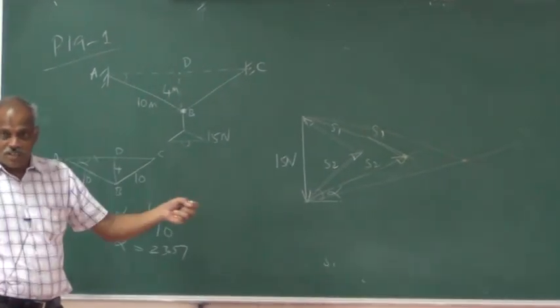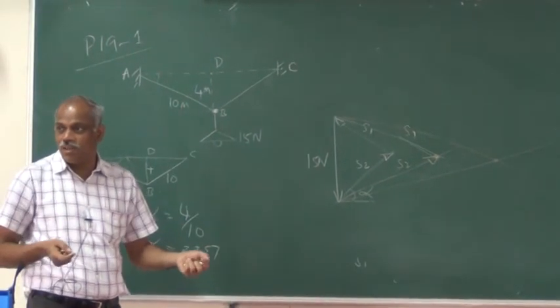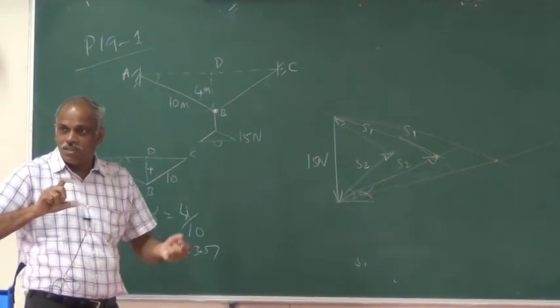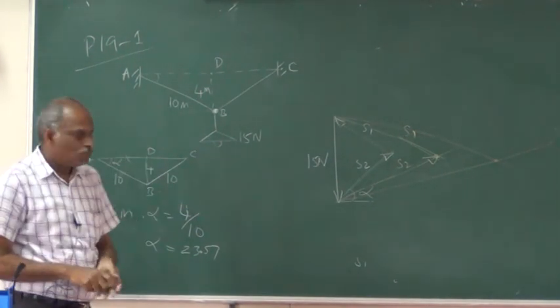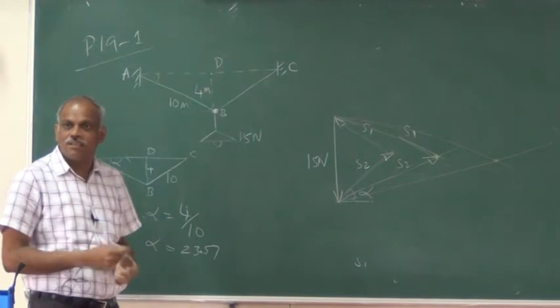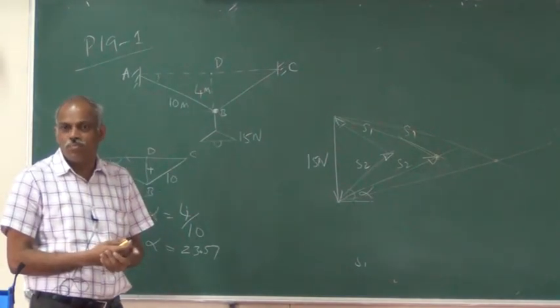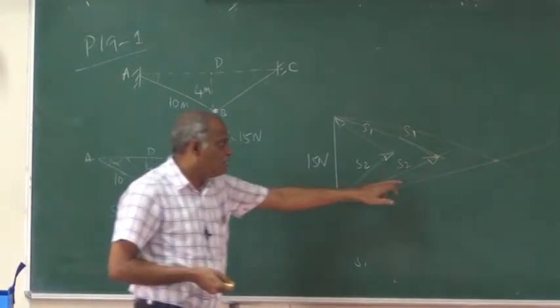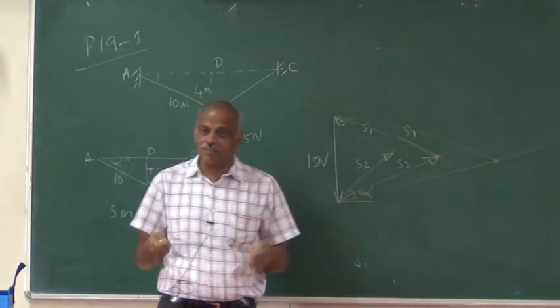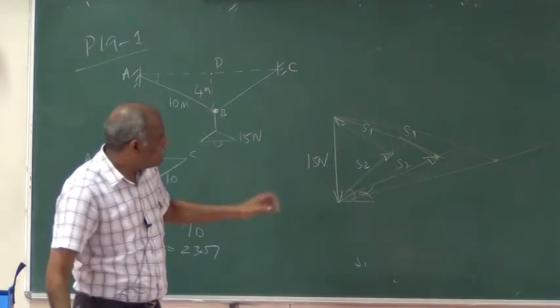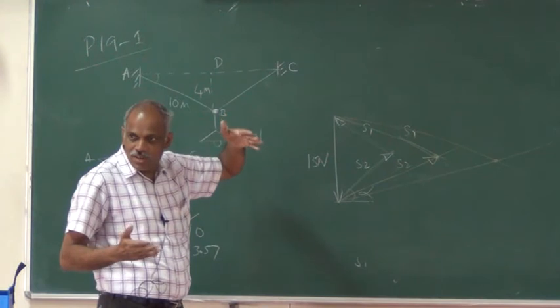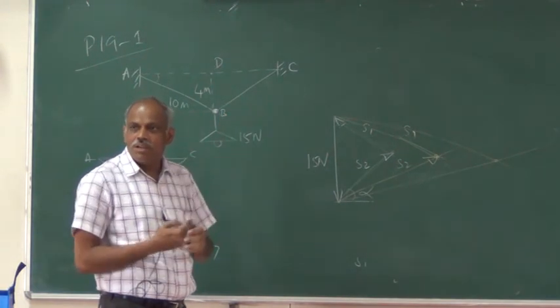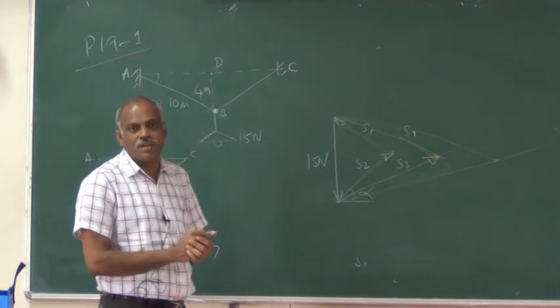So if you take strings for suspending something, and you keep on pulling these two ends to have less sag, it will break. If the tensions in the two strings exceed the limit, whatever the weight may be, if the angle is reduced, it may tend to break the wires.